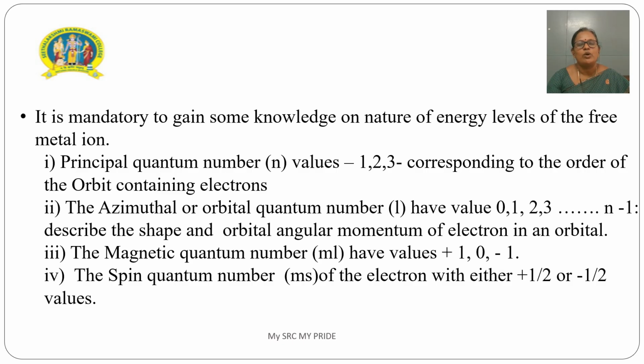The azimuthal or orbital quantum number L has values 0, 1, 2, 3 up to n-1. It describes the shape and orbital angular momentum of an electron in an orbital. The magnetic quantum number ML has values +1, 0, -1. The spin quantum number ms of an electron has either +1/2 or -1/2 values.